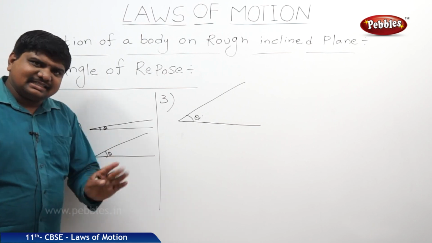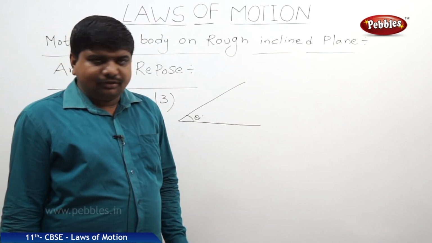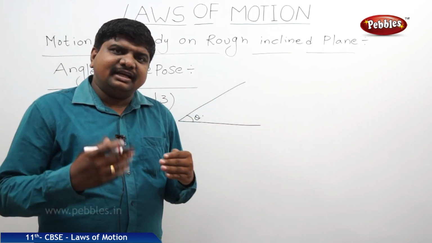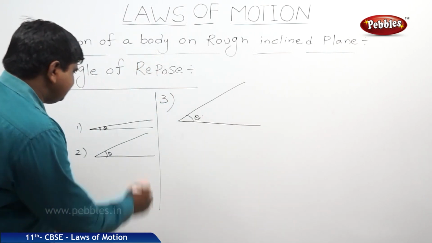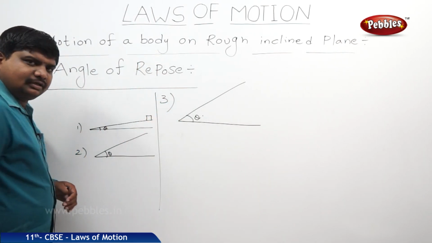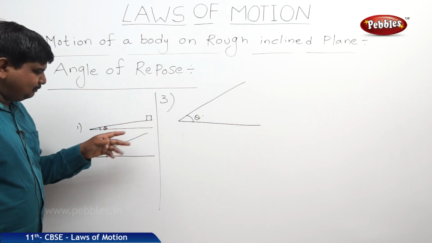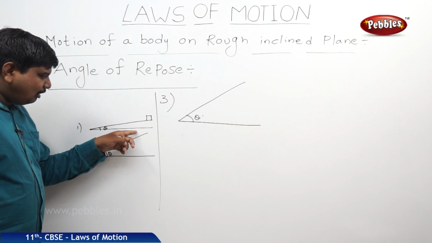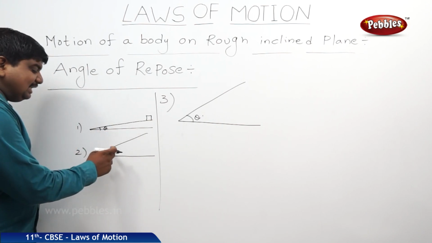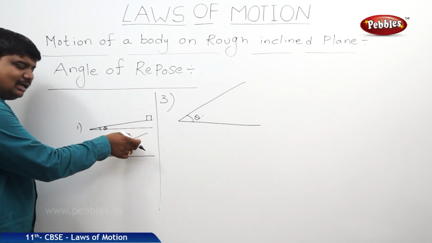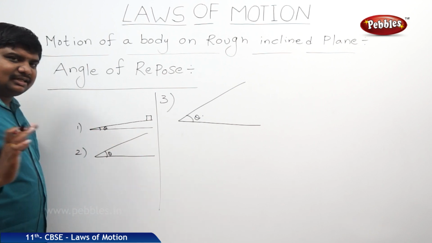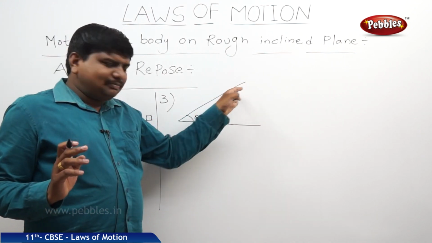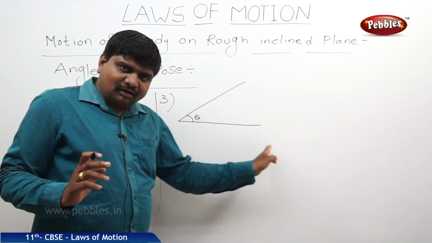Angle of repose is the minimum angle where the body is just ready to slide. That means, suppose I place the object here, sliding of the body is not possible because the inclined plane is making a smaller angle with the horizontal. Here the inclined plane is making a greater angle with respect to the horizontal. Here the inclined plane is making the largest angle with respect to the horizontal.